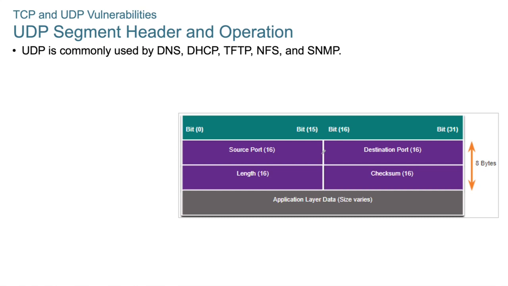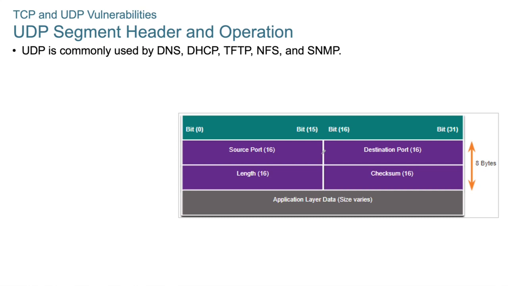Although UDP is normally called unreliable in contrast to TCP reliability, this does not mean that applications that use UDP are always unreliable, nor that UDP is an inferior protocol. It means that these functions are not provided by the transport layer protocol and must be implemented elsewhere if required.